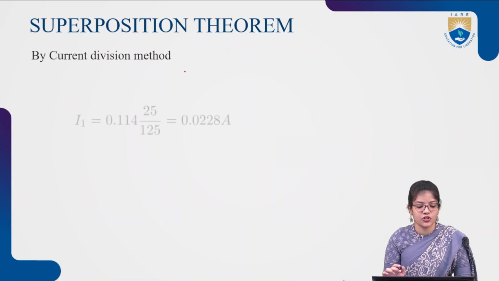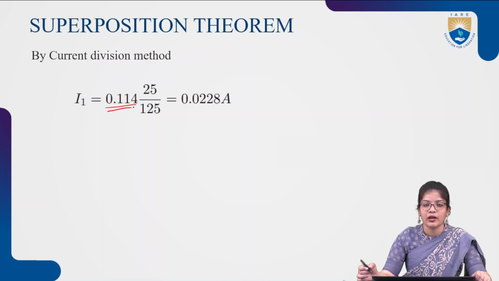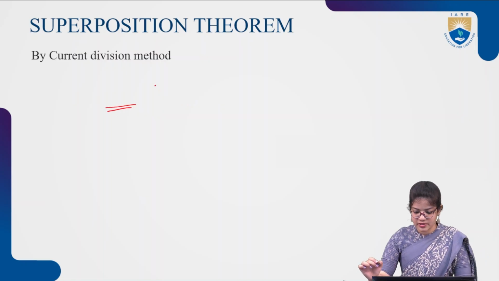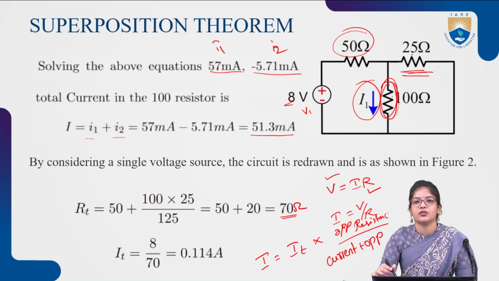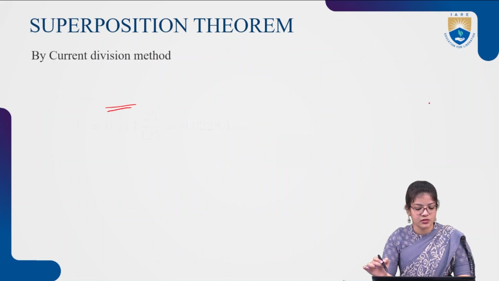See, by current division method, the total current whichever we got is 0.114, and this will be the opposite resistance as shown in the figure, which has a value of 25 ohms, and the current resistance value is 100 ohms.